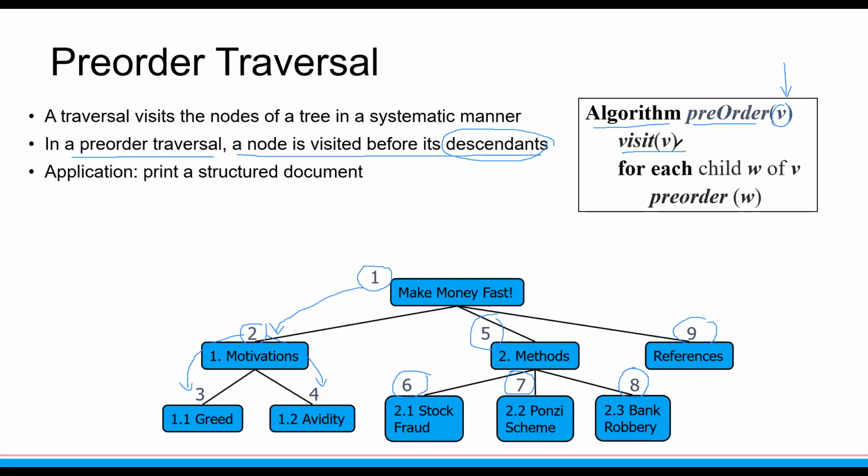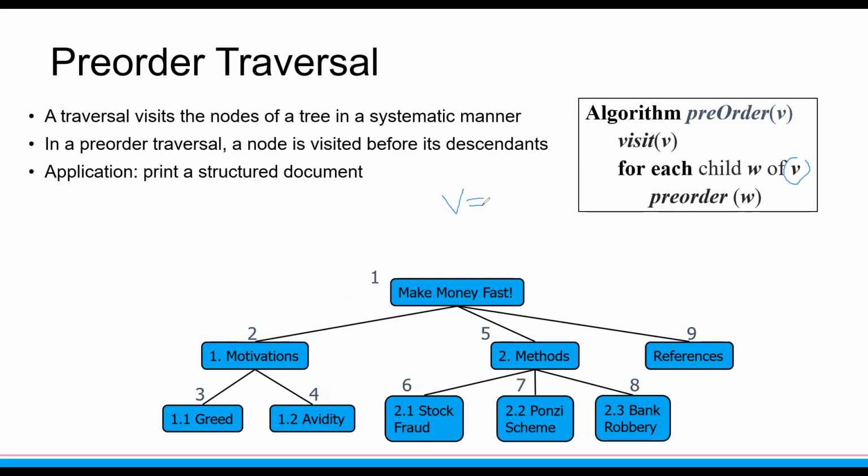And whenever I visit V, I will check each child W of V, meaning I would like to check every child of V. Let's say V equals 1. Now I will have a kind of table like this one. So node 1 is now visited, and for every child W of V, we have 2, 5, and 9.